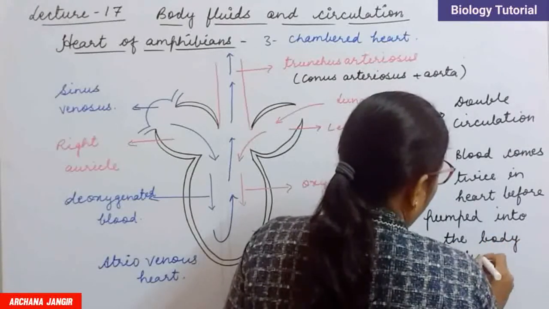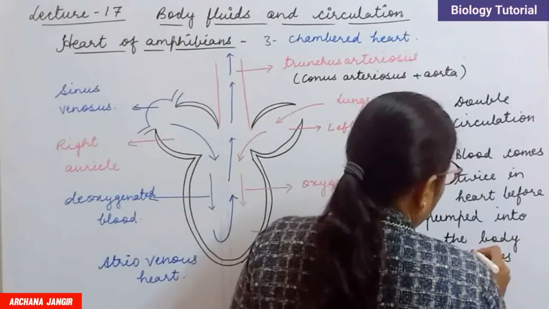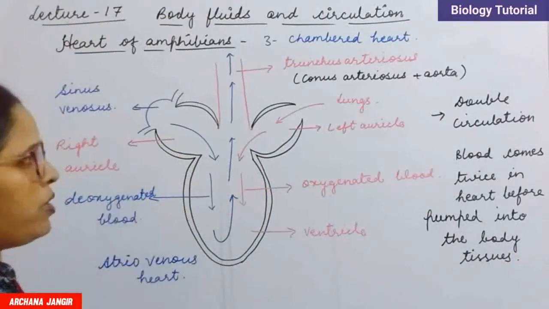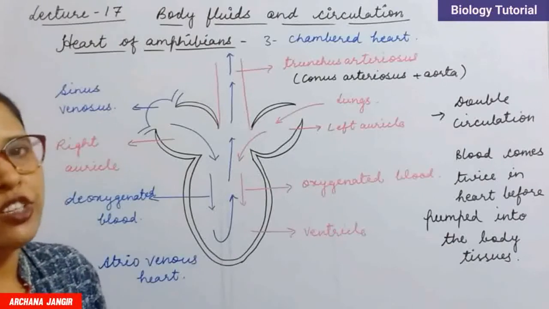So this type of circulation is called double circulation, and in amphibians, double circulation is present.